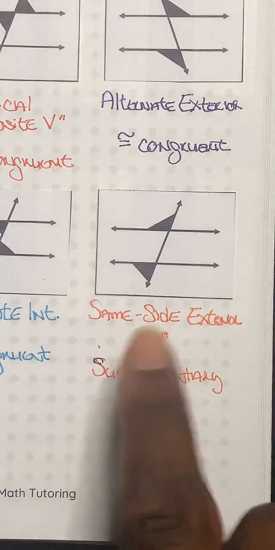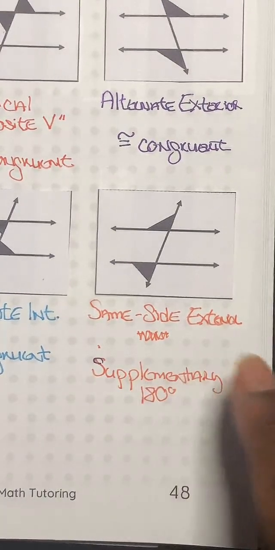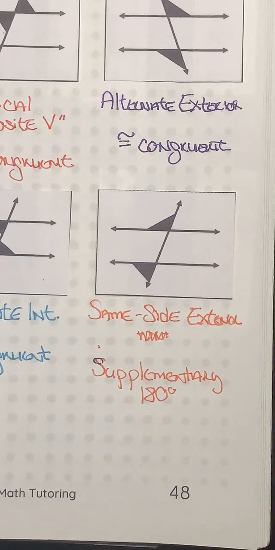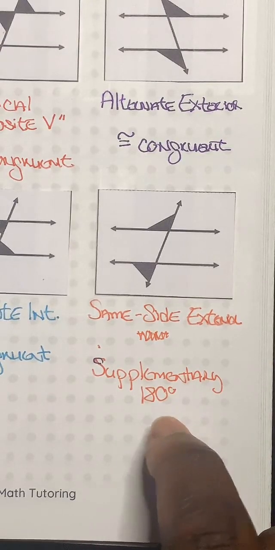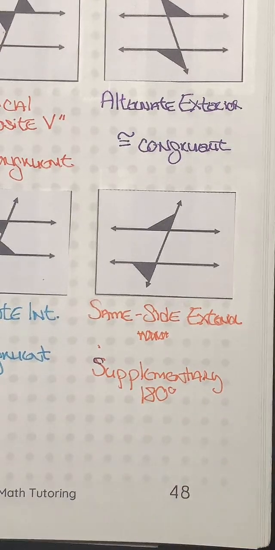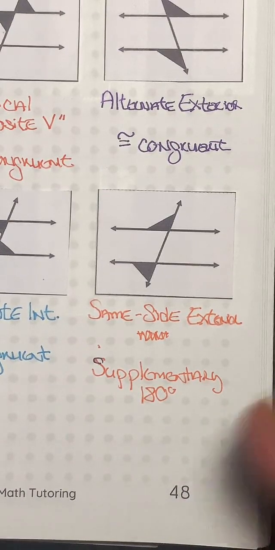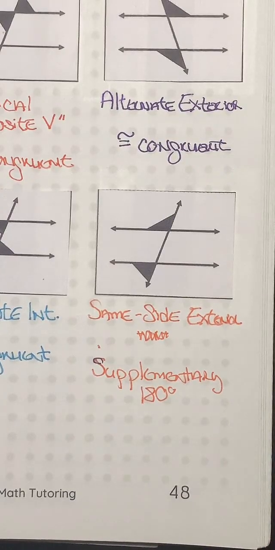So it looks like anything that's same side, be it interior or exterior, is going to give me supplementary angles. Anything that's corresponding, alternate exterior, alternate interior, or vertical angles, they're going to be congruent.